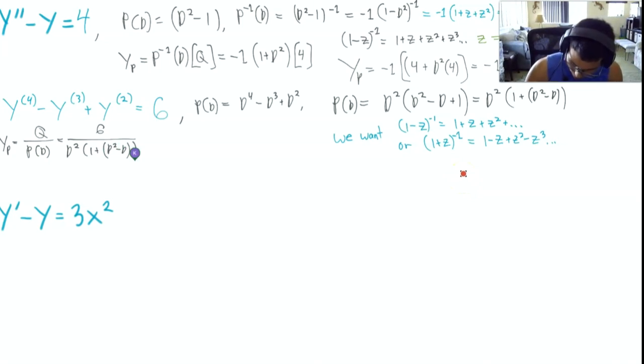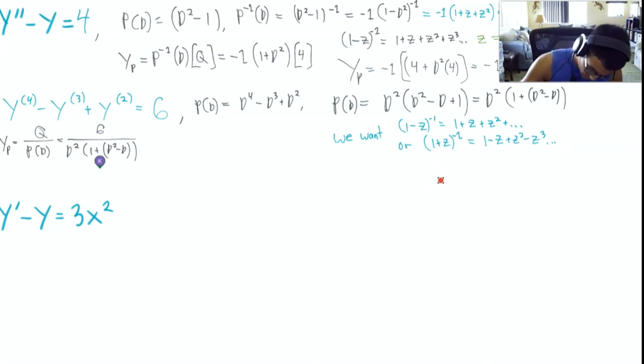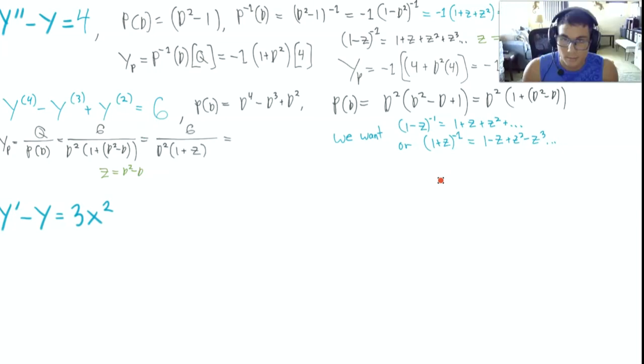Okay. Now we're in useful territory. D squared minus D, let's call it Z. Z is equal to D squared minus D. So I'm going to try not to make the mistake I did earlier.